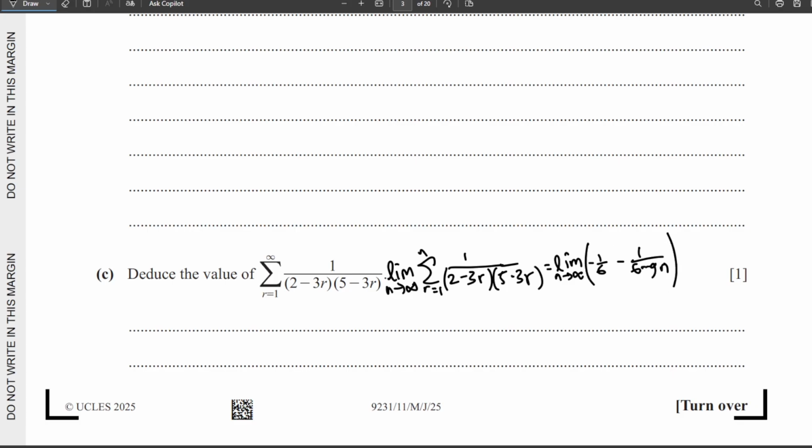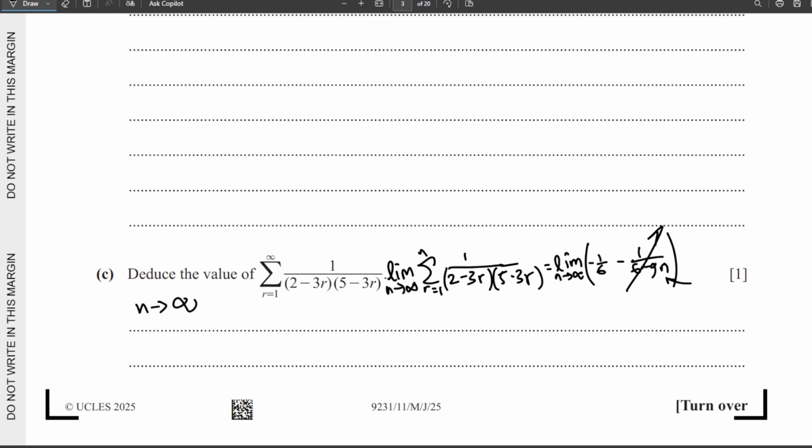Okay, but obviously for Cambridge, I think they teach you just an informal limit where n goes to infinity. This term, right? Because the denominator gets larger as n gets larger, the value of this goes to 0. But this term, negative 1 over 6, remains unaffected because there's no n there.